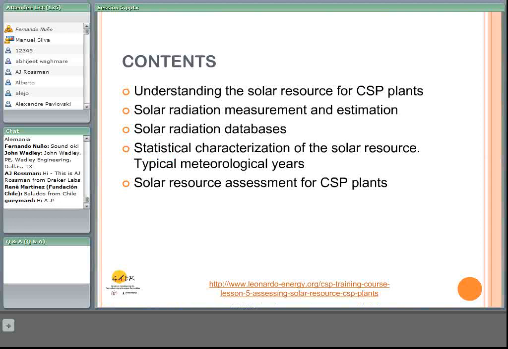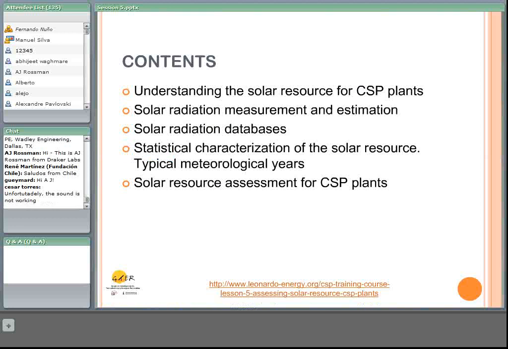Well, we'll first start by describing a little bit what is the solar resource for CSP plants. We already talked a little bit about this in the first session, but I will give a very short review.